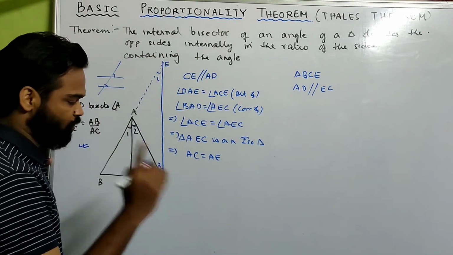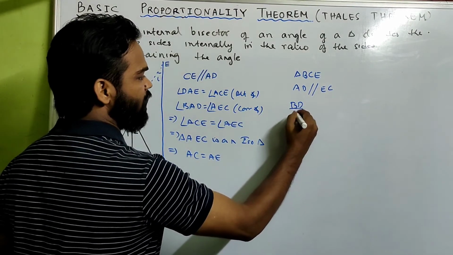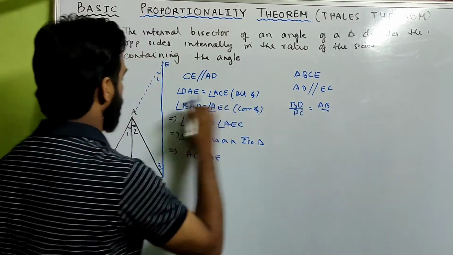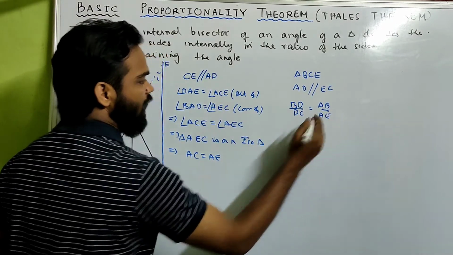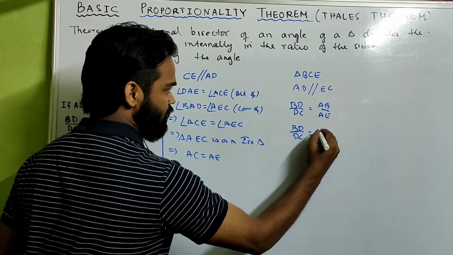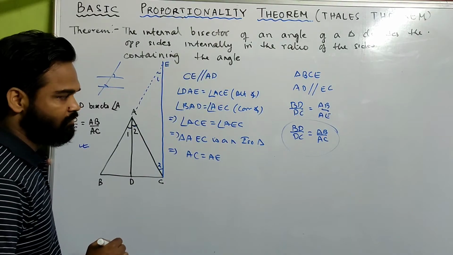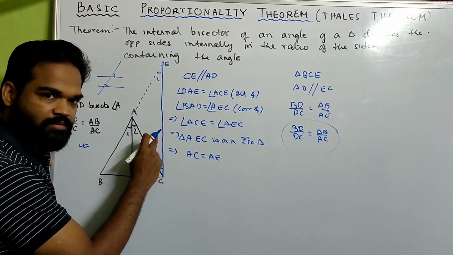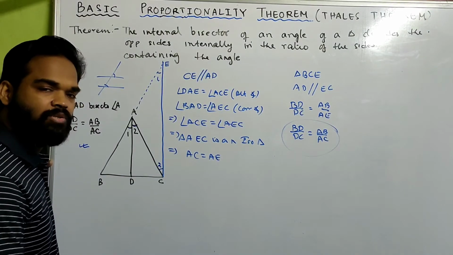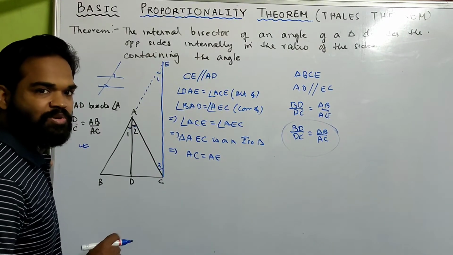So by basic proportionality theorem, BD by DC is equal to AB by AE, and we have already proved AE and AC are equal, which means BD by DC is equal to AB by AC, and that's the theorem, isn't it? We did a construction, we proved that this triangle is an isosceles triangle, and then by basic proportionality theorem we can prove this. Let us see the converse for this theorem now.